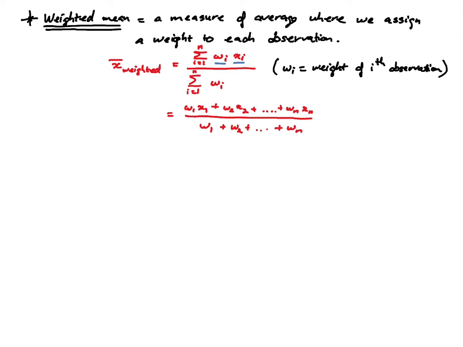So let's look at a specific example. Suppose that in one of the courses that you're taking, you have 5 grade items that determine your total grade. You have the quiz, you have the homework, you have 2 exams, test 1, test 2, and then the final.